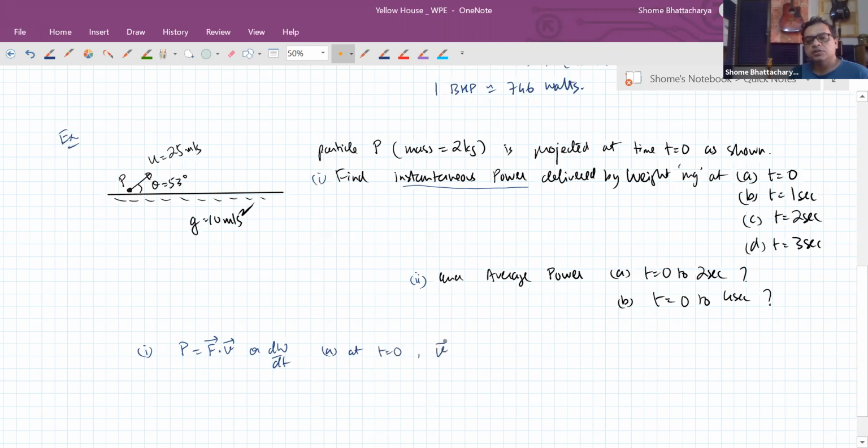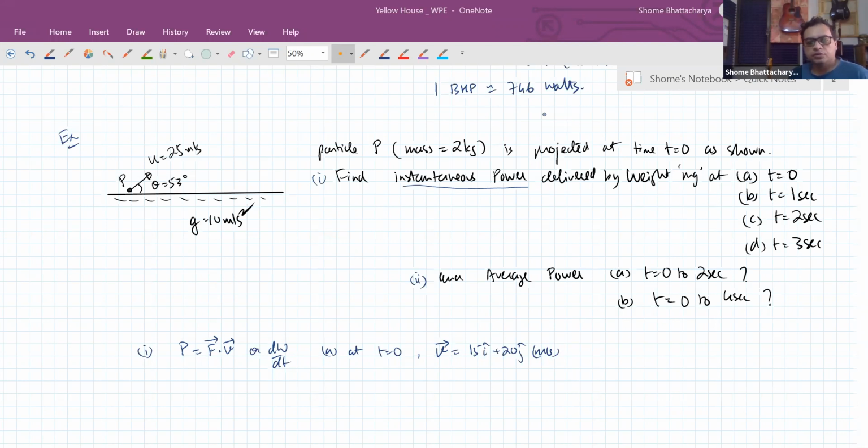the velocity is this one, no? 25 meters per second at 53 degrees. So cos 53, you know, is 3 by 5. So 15 i cap plus sin 53 is 4 by 5, so 20 j cap in meters per second. And the force is nothing but the weight. Okay, very good, Dantesh.